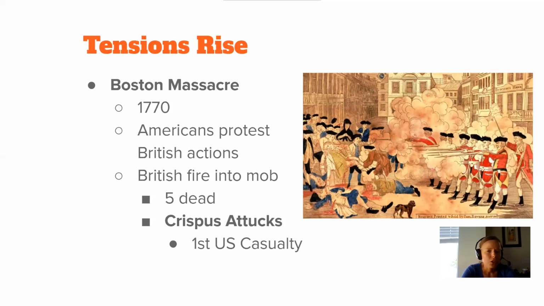Also, Paul Revere, the Midnight Ride of Paul Revere that Longfellow famously wrote about in his poem. Paul Revere was an engraver, a silversmith, famously a horseback rider, but he was also a Son of Liberty. And Paul Revere is going to take some various drawings from this event and publish them.